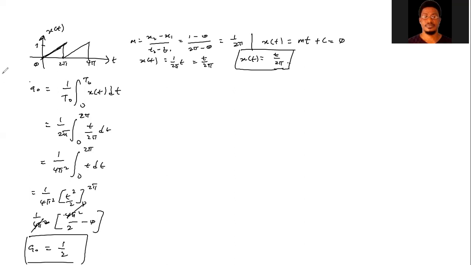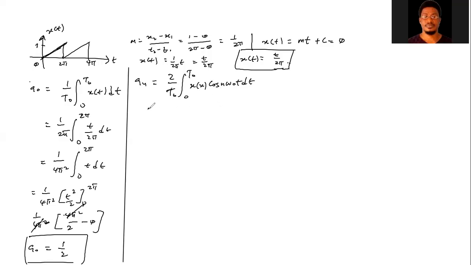So the next thing is to figure out the next coefficient. Let's rule a line here. Then we resolve a sub n, the same as 2 over T naught integral 0 to T naught s of t cos n omega naught t dt. Now we have omega naught in this case, but we know that omega naught is the same as 2 pi over T naught.